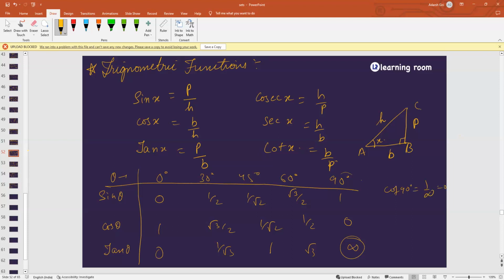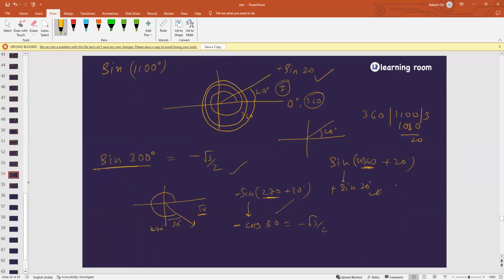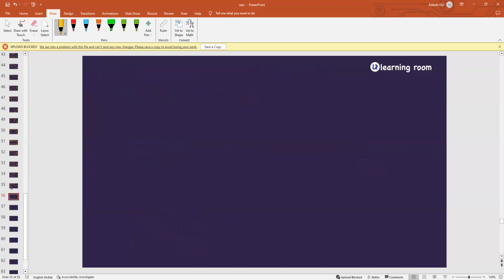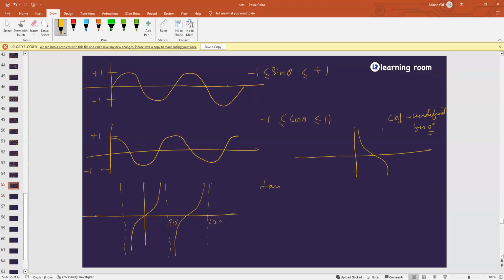Tan of 0 degrees is 0, so cot of 0 will be 1 by 0, that is infinity. So cot is undefined at 0 degrees. As tan is undefined at 90 degrees, cot is undefined at 0 degrees. 0 and 180, like that. This is 180 degrees, undefined. That is 360 degrees. Like that it goes. Okay, this is the cot curve.